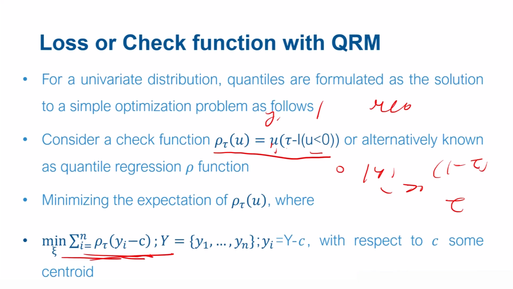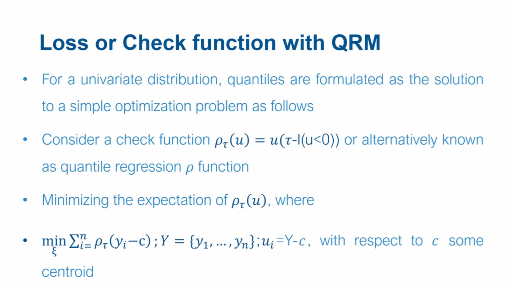If you think of it, in this minimization problem the loss function or check function on yi minus c is applied, where yi takes a set of values, and here you will have error terms or deviations. These mu i's are deviations, that is for each yi minus c you'll get some deviation mu i, which will be further fed into this check function, and the minimization problem will give us that centroid or quantile.